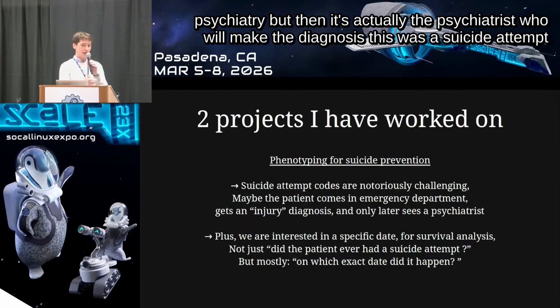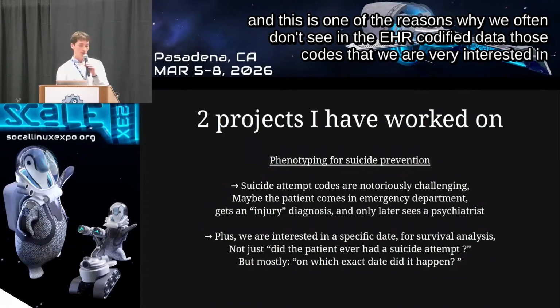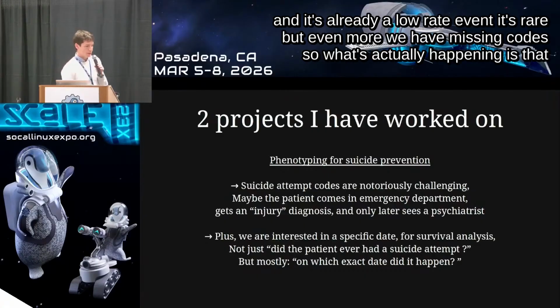But then it's actually the psychiatrist who will make the diagnosis, this was a suicide attempt. And this is one of the reasons why we often don't see in the EHR codified data those codes that we are very interested in. It's already a low rate event, it's rare, but even more, we have missing codes.